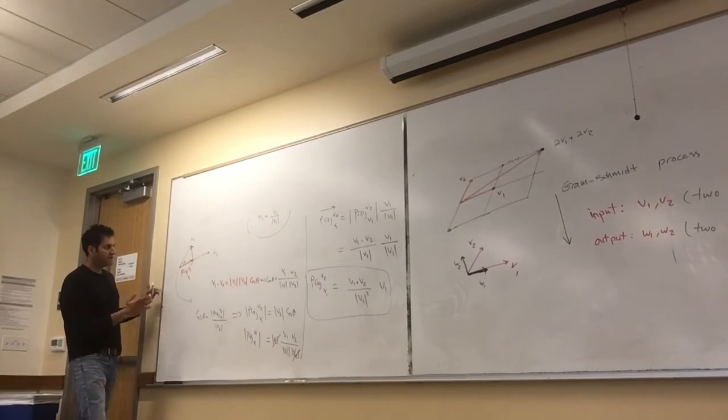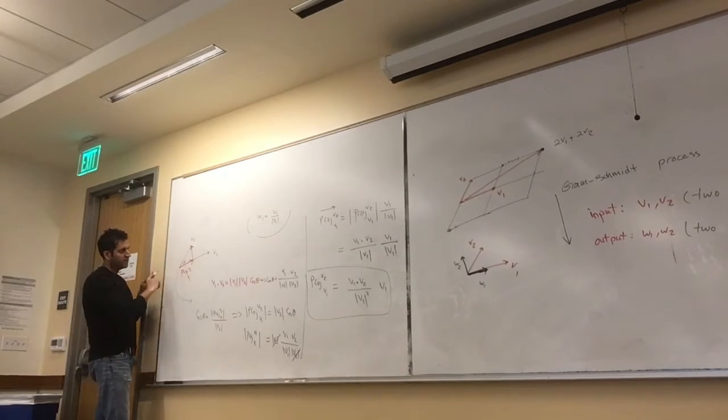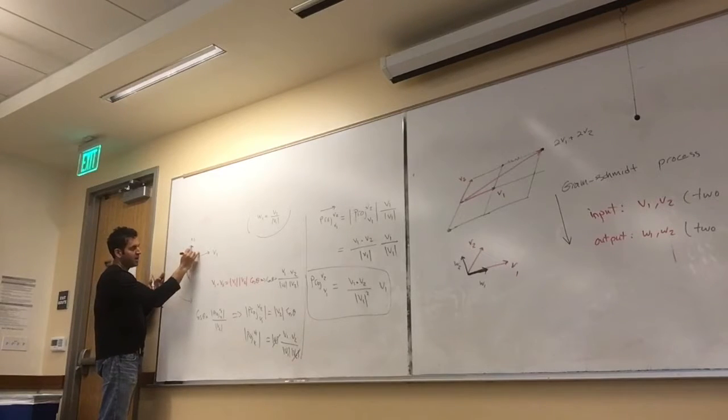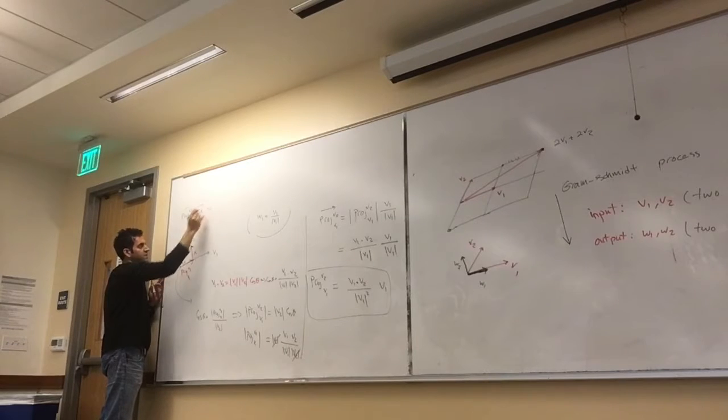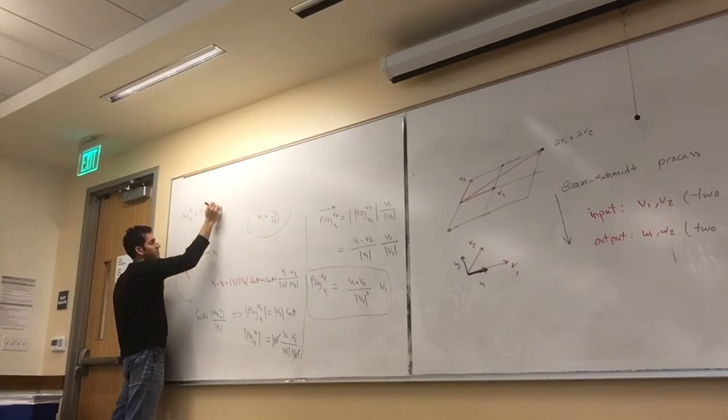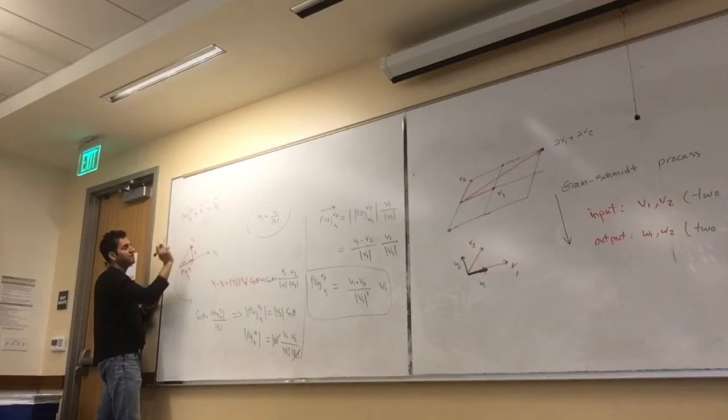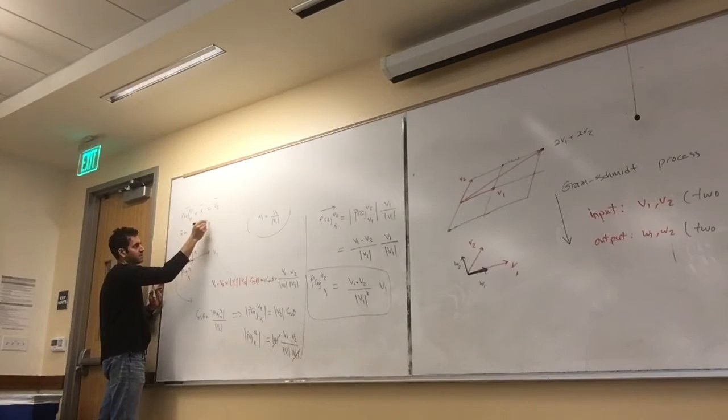Now, why did we find this projection? Because if this is the unknown vector x, the projection of V2 onto V1 plus x gives us this V2. So if I'm looking for x, x is just V2 minus the projection of V2 over V1.